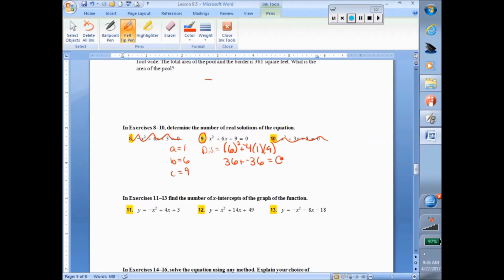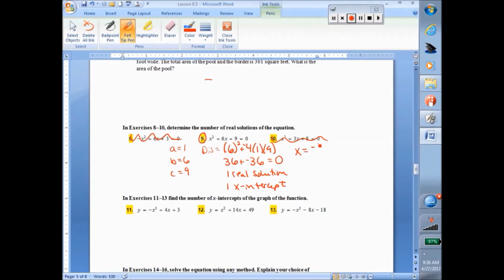If my discriminant is 0, that means I have one real solution. And if I were to use this to graph, it means I would have one x-intercept. Since I know I have one real solution, I can't stop here. I have to use the quadratic formula.